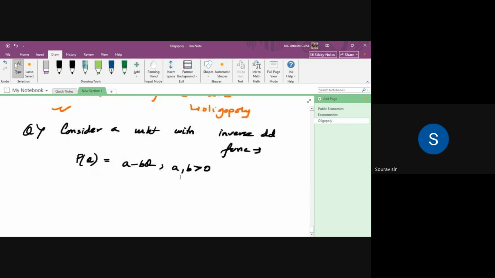If anyone is facing any problem, do tell. So here Q is what? Q is the sum for 2 firms, Q1 plus Q2.